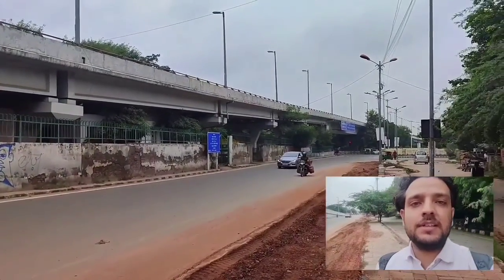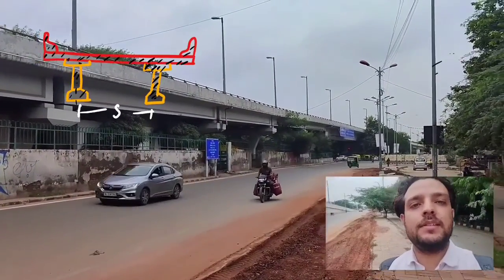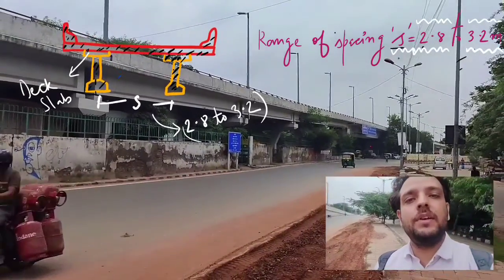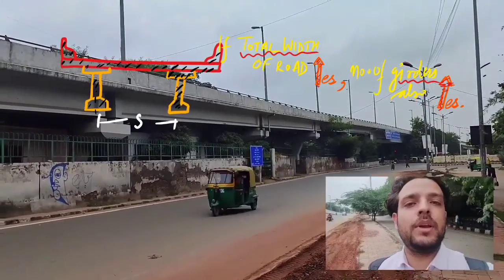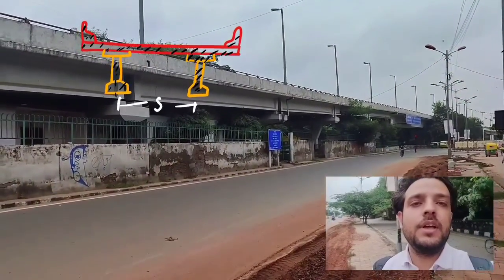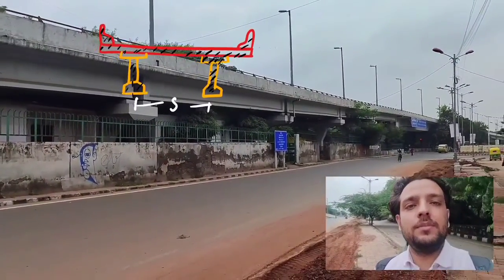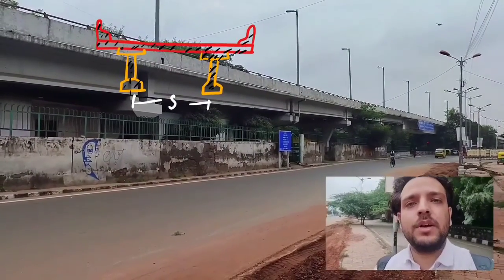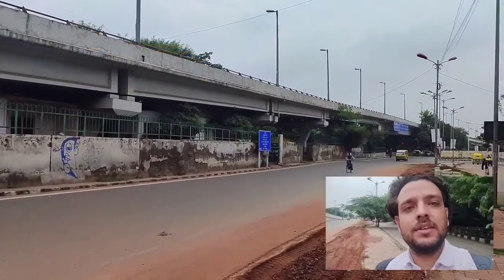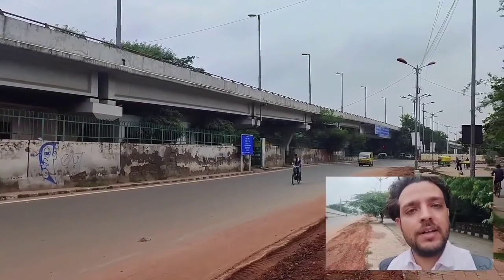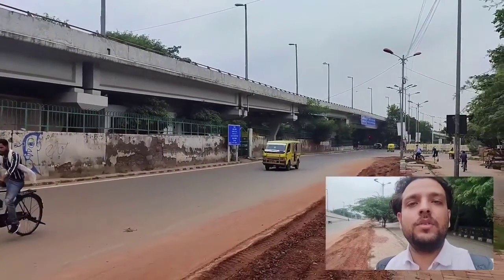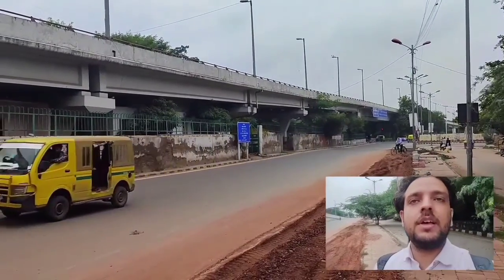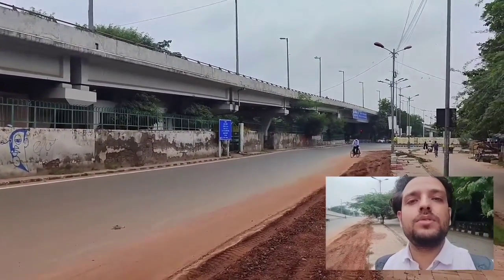Also, there is an optimum spacing: if you keep your girder spacing between 2.8 to 3.2 meters, there are high chances that you will be utilizing more of the sections of your entire structure, and that may result in an optimum solution. But if you increase the number of girders, the advantage of reduction in the total volume of concrete may not be fully achieved, because as the number of girders increases, you are also increasing the volume.